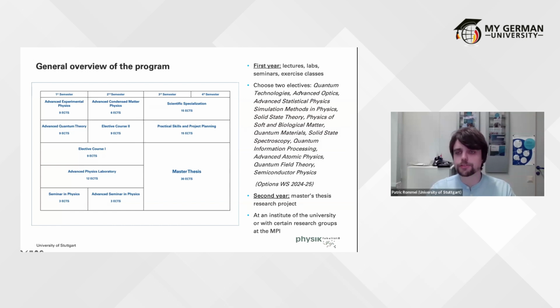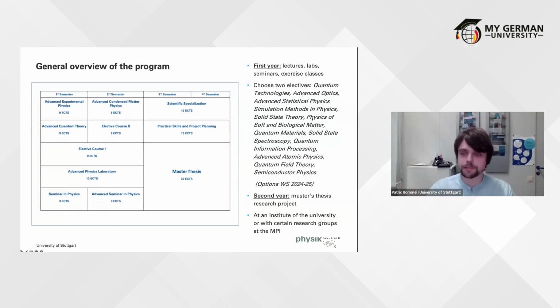Here on the right, I wanted to make a little list of the elective courses we had this year. For people starting in the winter semester 24, the ones who started now, this is the list that they could choose.